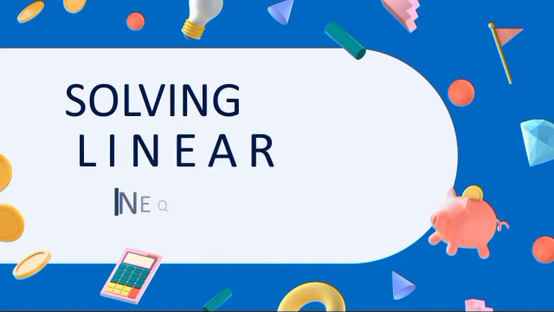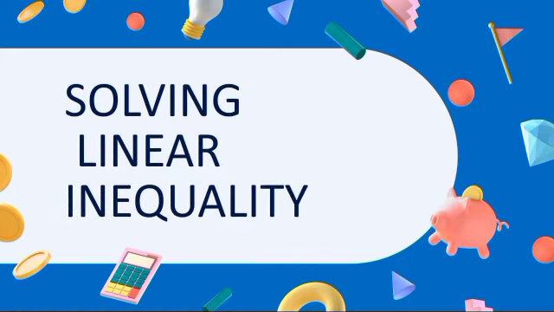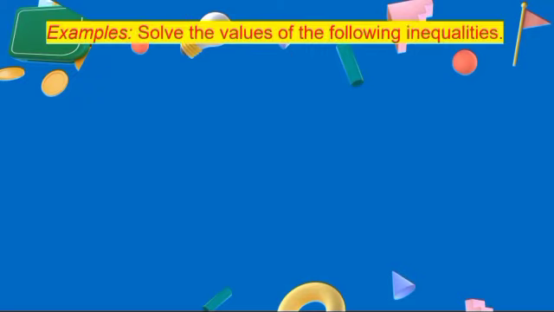Now, let's discuss solving linear inequality. Again, in solving linear inequality, parang lang din tayo nagsosolve ng linear equation. So, dapat lang natin tandaan yung ating mga properties of inequality. So, example number 1, m minus 3 is less than 5.